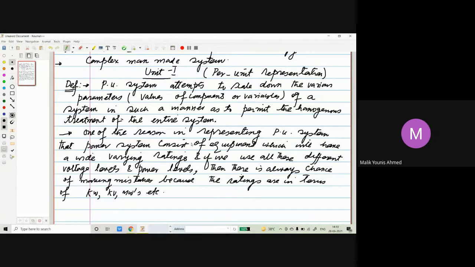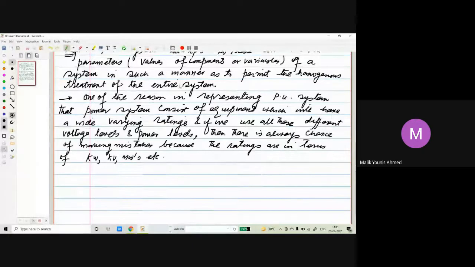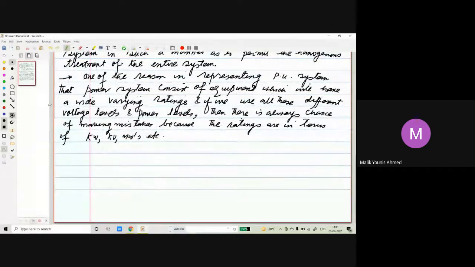Okay. Now next is, what are the advantages of the per unit system? Why do we use per unit? There is the absolute system. There are three systems. We use two systems, the absolute system as well as the per unit system. So let us see what the advantages are.